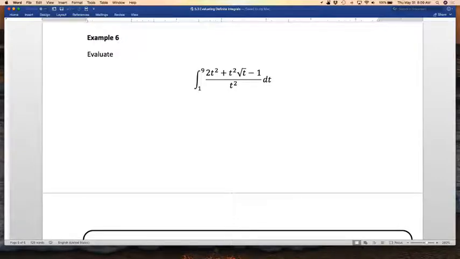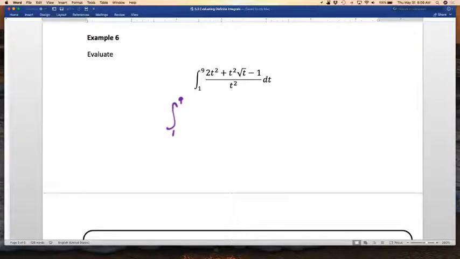So if we're seeing something complicated like this, we've got to understand that there's a simpler way to approach it. So what do you think the best method might be for finding the antiderivative of this function here? How could we rewrite it? Everything on top times 1 over t squared. There you go. We can take everything on top times 1 over t squared. So when we do that, we don't change the limits of our integral or anything.